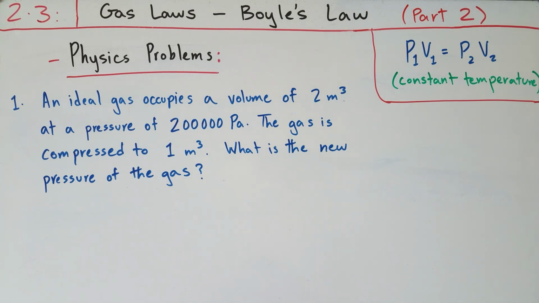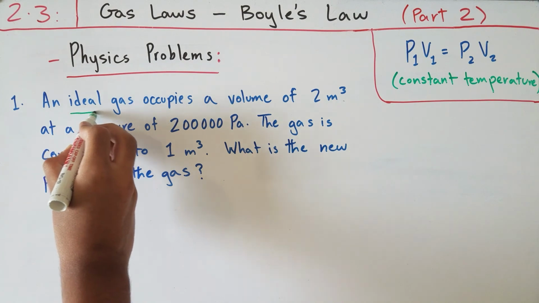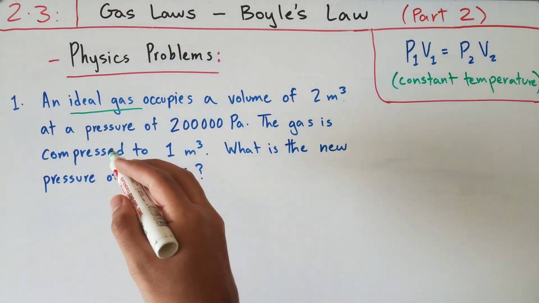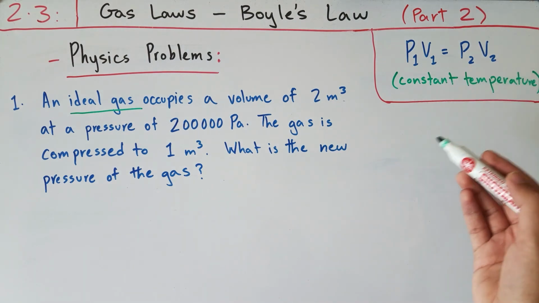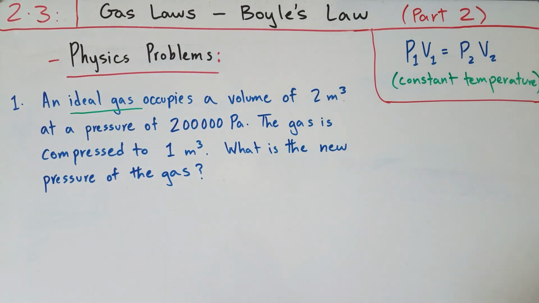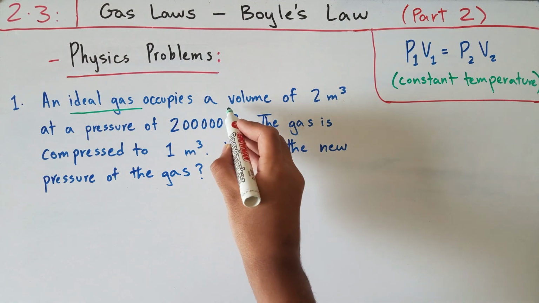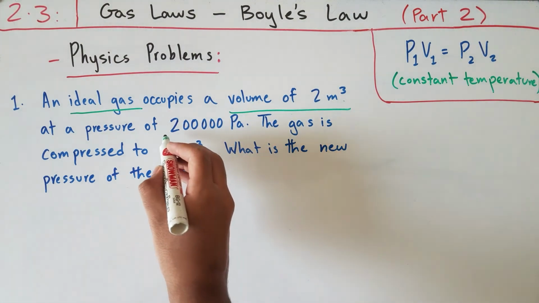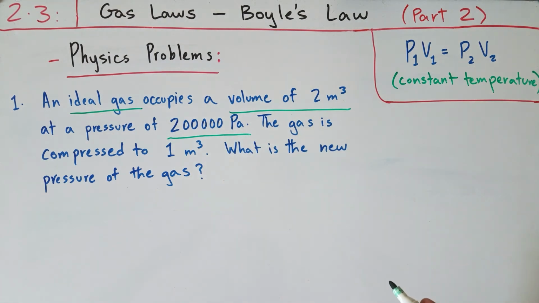The first thing we're told is that this gas that we're compressing is an ideal gas. We know that the gas laws will only work for an ideal gas, so we can apply this law to this question. We're initially told that it occupies a volume of 2 cubic meters, and it has a pressure of 200,000 Pascal. So we can start writing down our values.